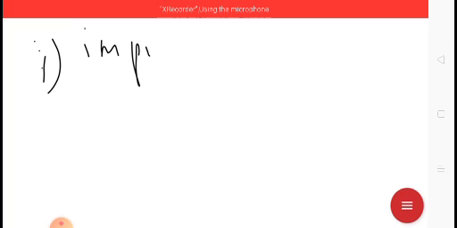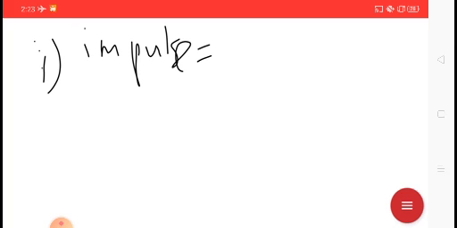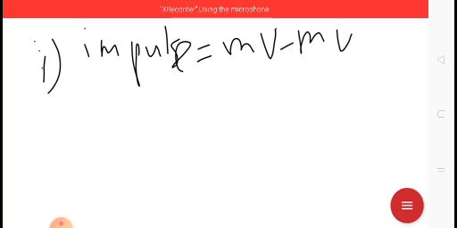Part 1: find the average force exerted on the ball by the ground. The impulse that you have is equal to mv minus mu.